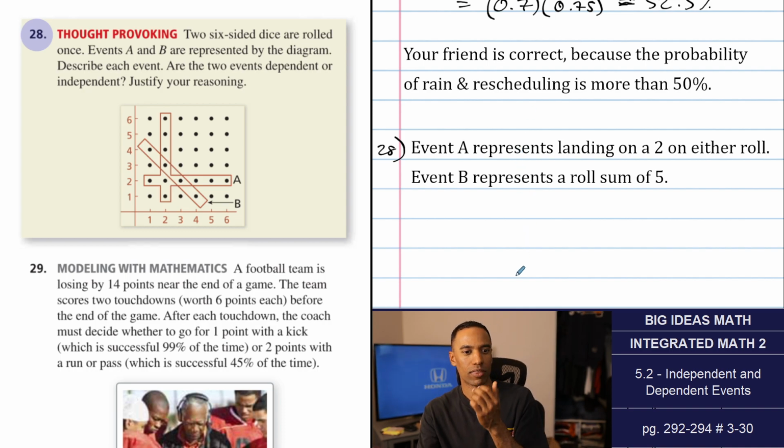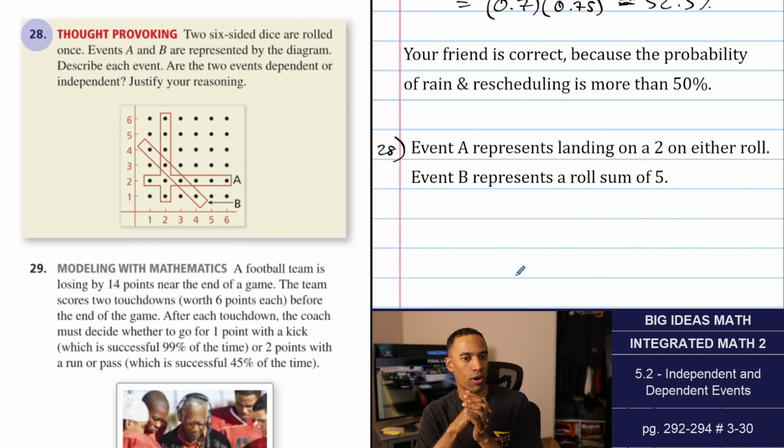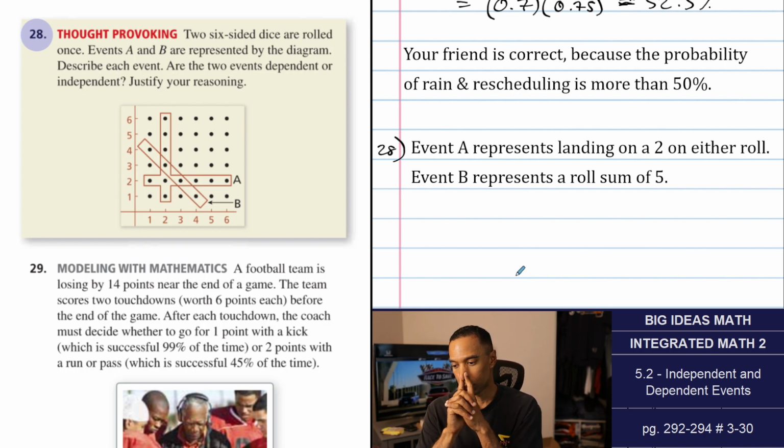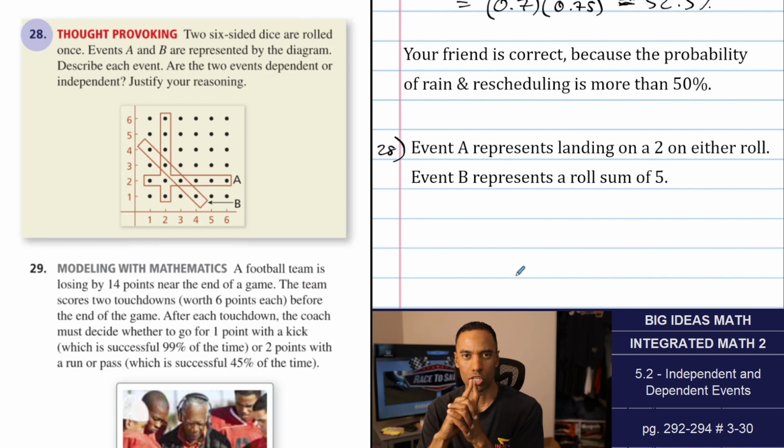So when you're talking about the case of A and B occurring, remember, this is just 2 dice rolls. Event A can affect event B, because if you land on a certain dice roll, wait, are the events the... I have to think about it in a description sense.